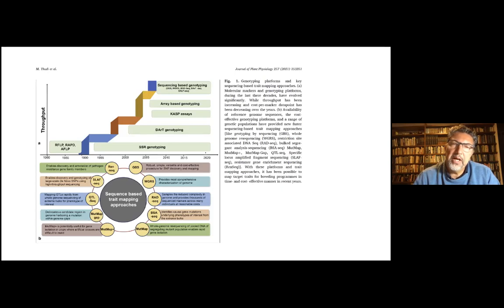So when you want to identify markers for a given region in the genome associated with the trait you're looking for, you take a segregant population and divide it in bulks that are extreme for the trait you're looking for.